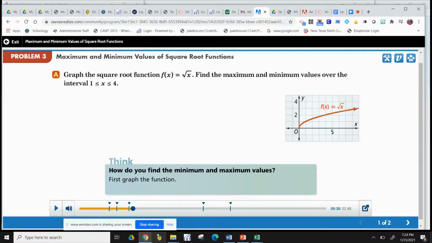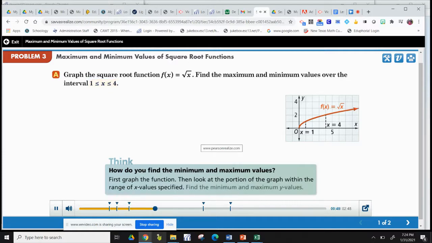Then you want to look at that graph between where x is 1 and where x is 4. Let's see how they do it here. The portion of the graph between where x is 1 and where x is 4. Maximum y values. So where x is 1, y is 1.